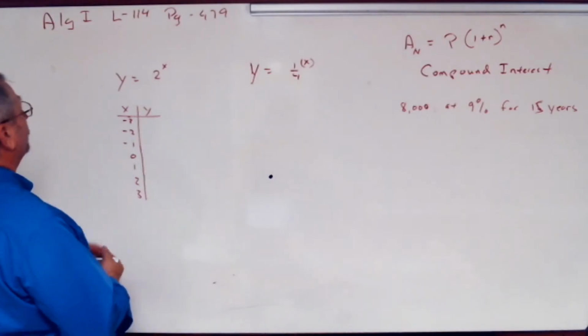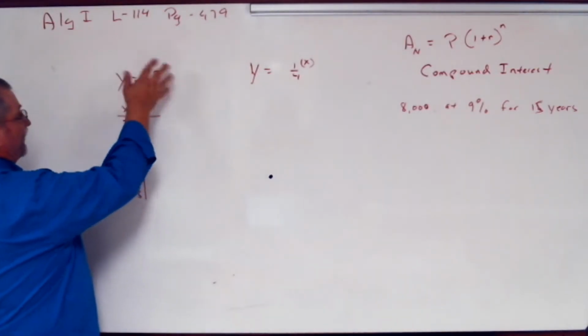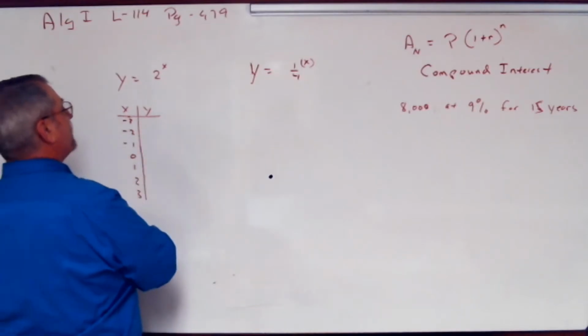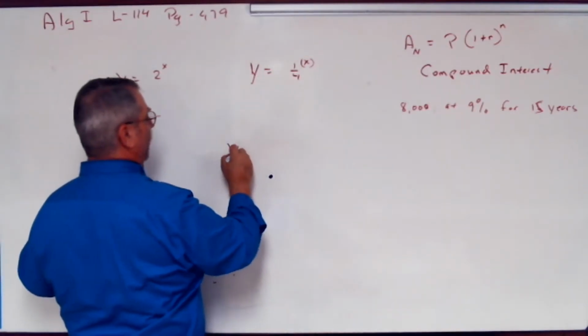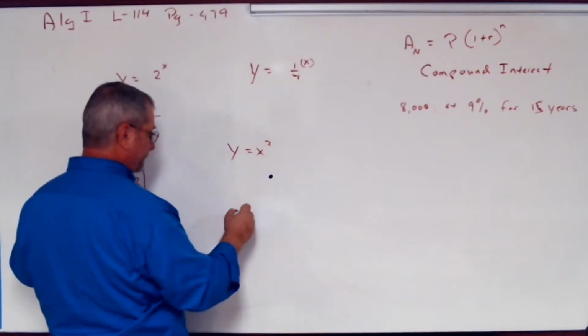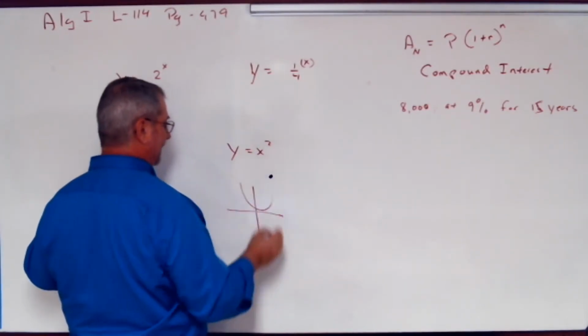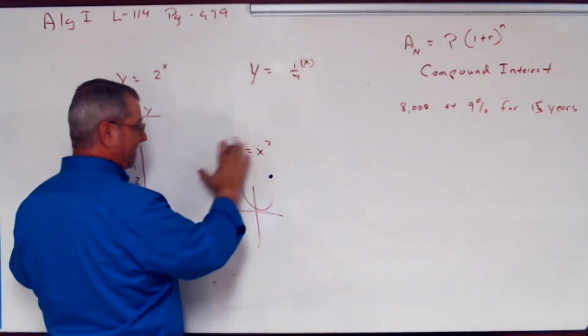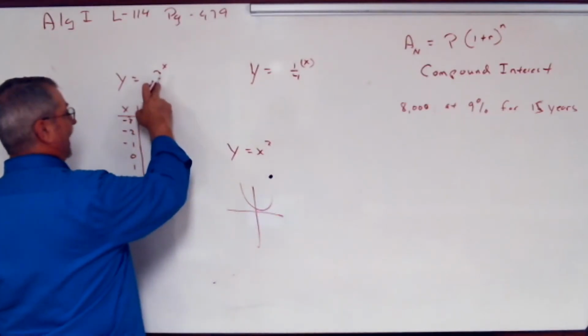Okay? So we're going to graph this function. Now, we've been graphing things. What we've been graphing is this: y equals x squared. When you put it in the graph, it looks like this. If you add something inside here, it moves left, right, up, down, you got all that. This is not that.